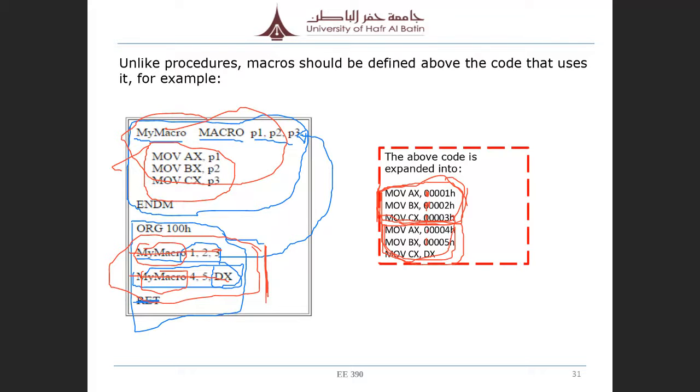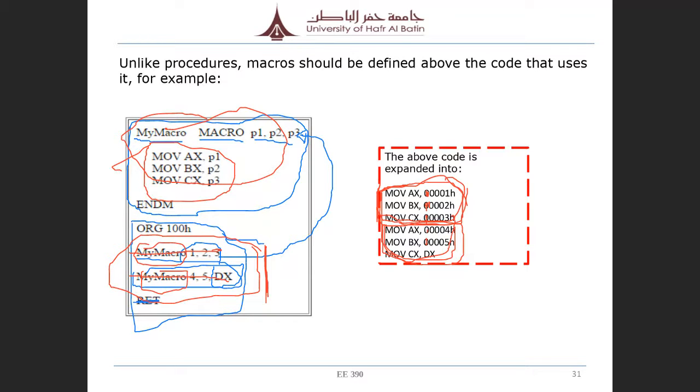You get my point? The number of times we call the macro, the machine code will be generated that many times.